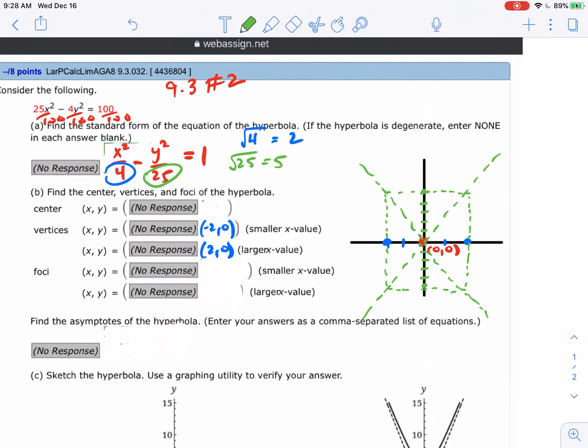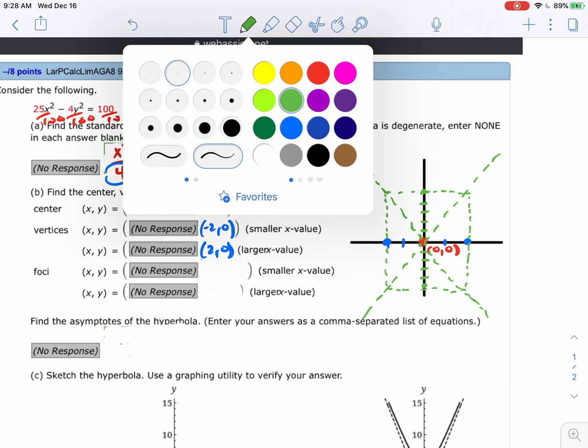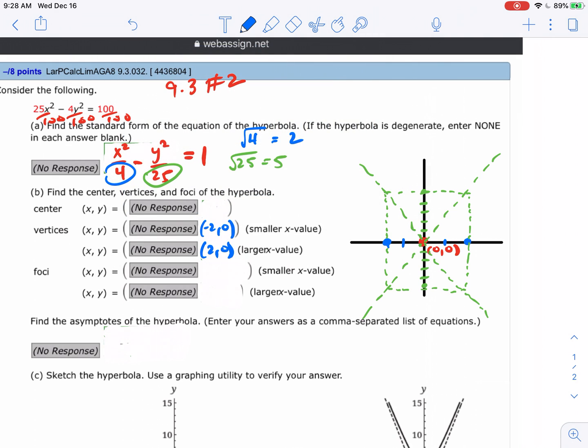Once I've drawn in the imaginary x, these asymptotes, I can go back to my blue dots, which were my vertices, and draw in my graph by going out toward and following the asymptotes. So by doing this, I know this is side to side. X was being squared, so it's a side to side hyperbola.